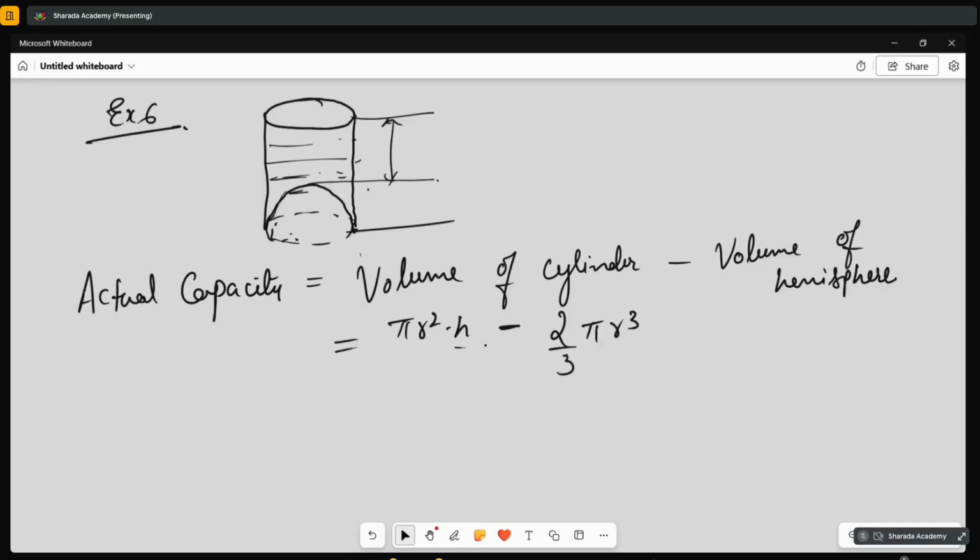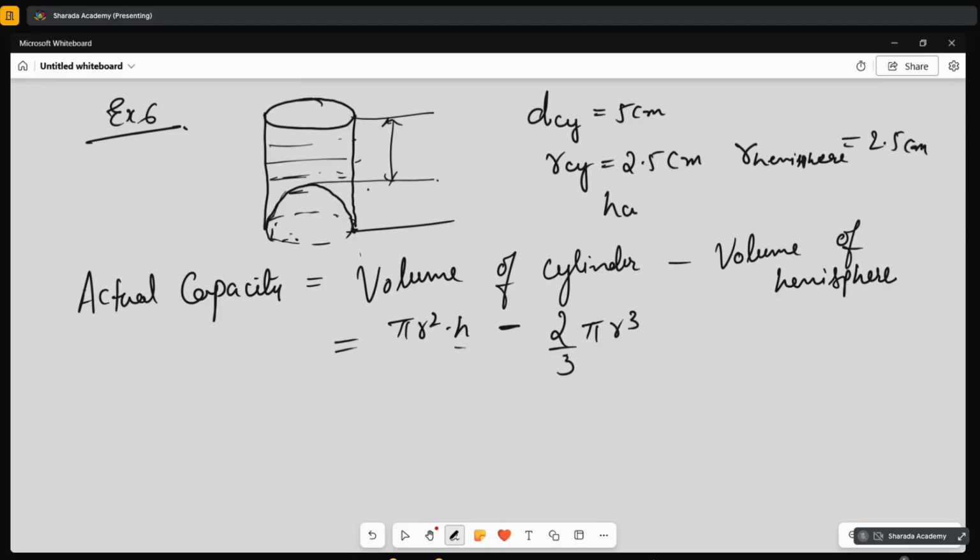What is the radius here given? Inner diameter. The radius of cylinder is 2.5 centimeter. And the radius of the hemisphere is also 2.5 centimeters.